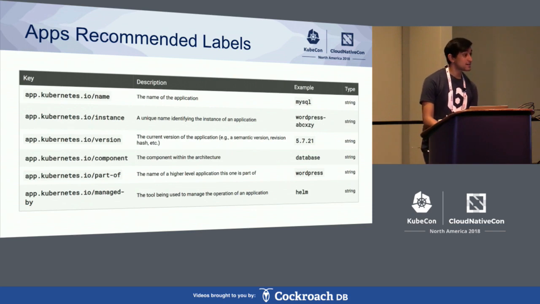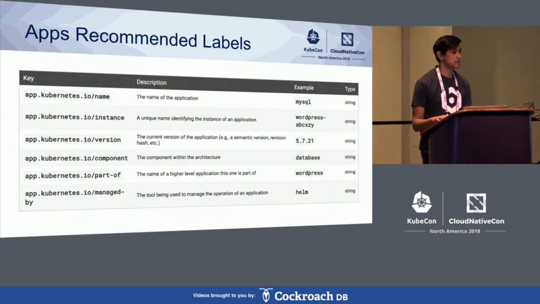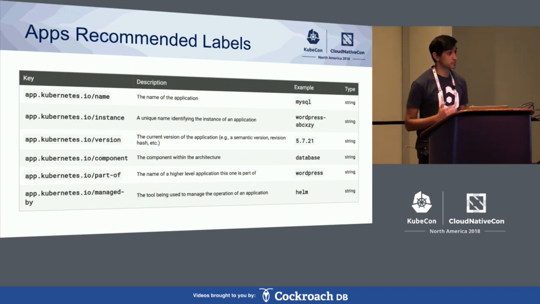The existing charts, is there a plan to consolidate? To move towards this set of labels? Yeah, so right now the charts are still using the older set of labels. And I think the plan is to try and migrate chart authors to upgrade to this new set of labels. That would be a breaking change because some people might be relying on those older labels.